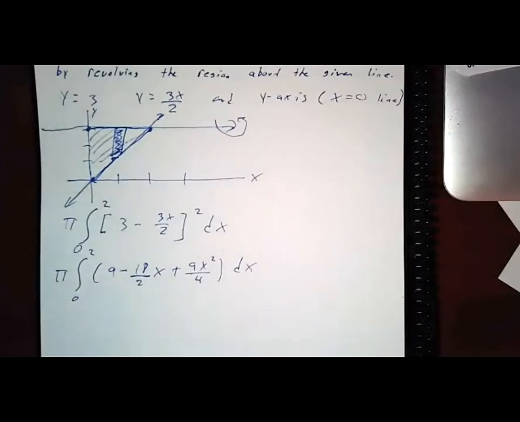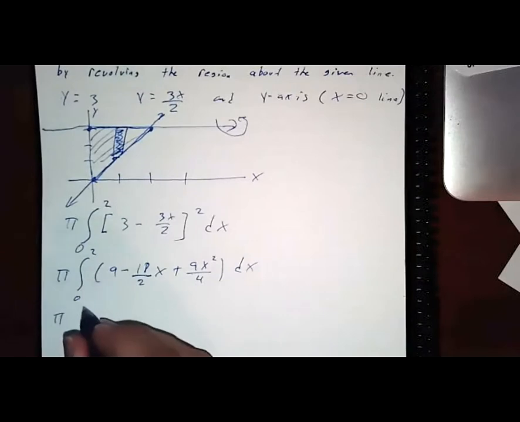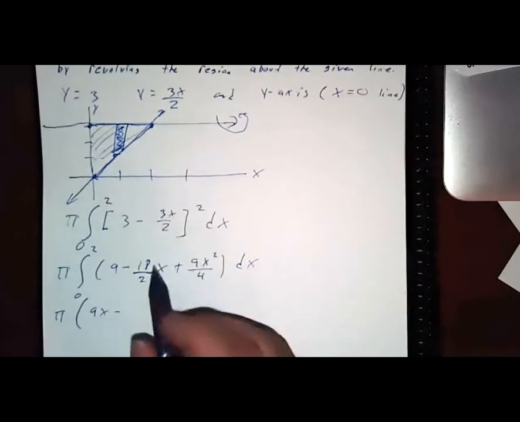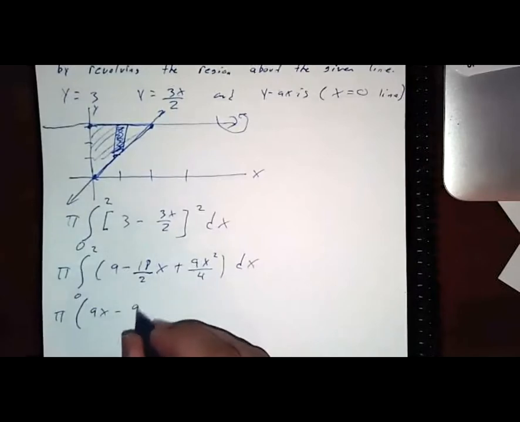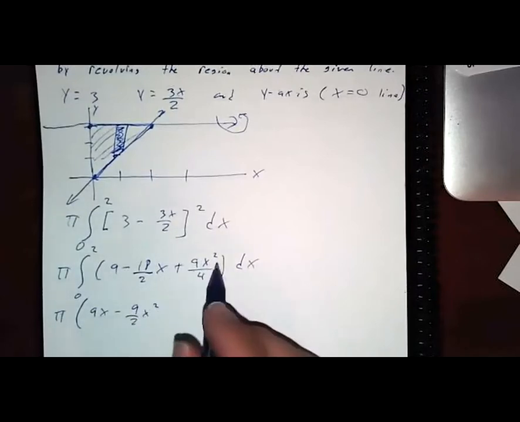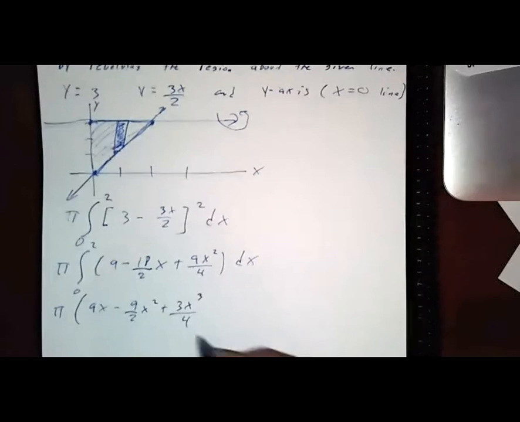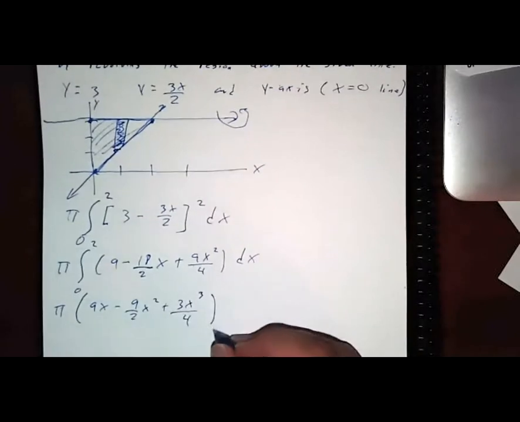Okay, integrate this guy. We should get 9x minus, this is a 9, so that'll become 9 over 2 x squared, that'll become 3x cubed over 4, from 0 to 2.